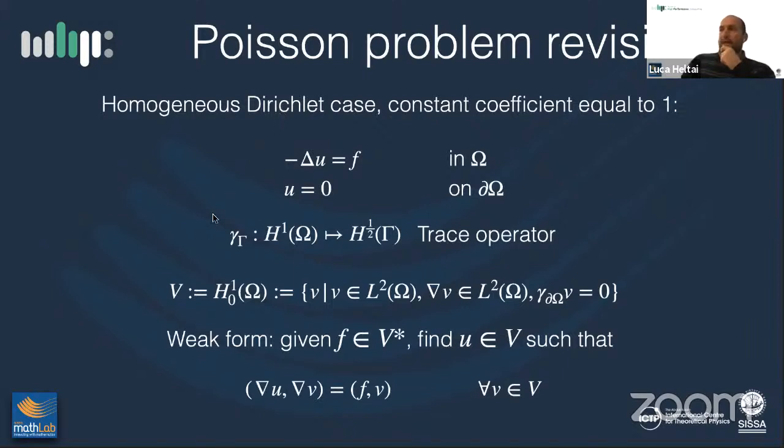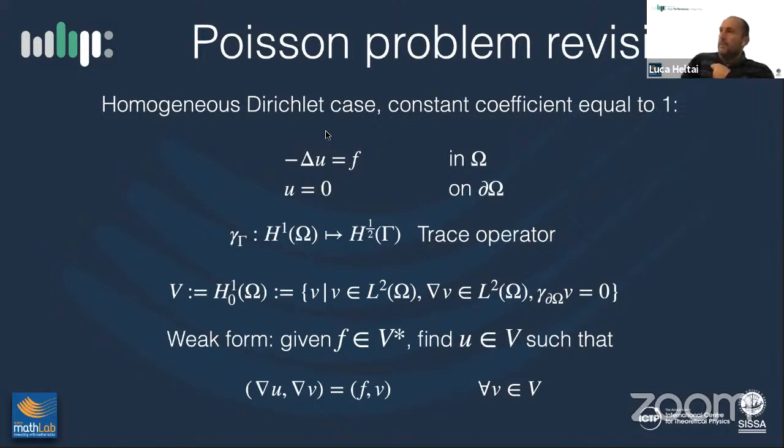In order to do so, we define the trace operator. The trace operator on the portion of the boundary gamma is an operator that goes from H1 of omega to H1/2 of gamma. And we set the space in which we solve this problem variationally as the H1_0 of omega space, which is defined as the functions which are in L2, whose gradients are in L2, and whose trace on the entire boundary is equal to 0.